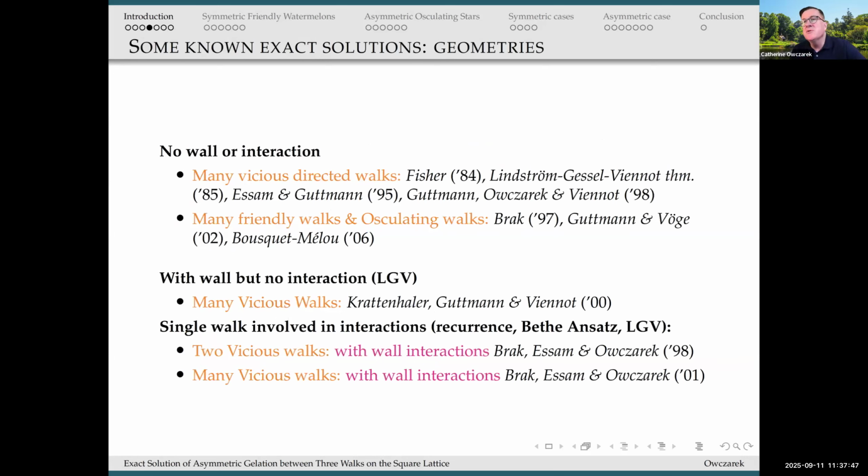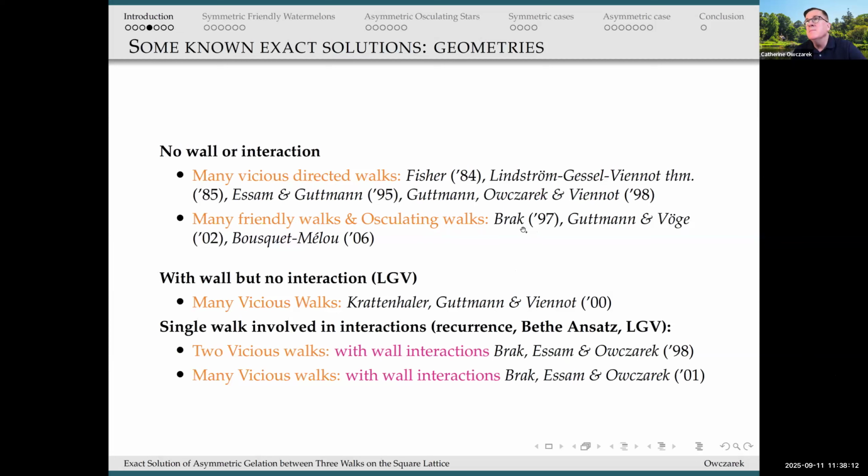So here's a plotted history of some of the work that's been done previously, where there are many vicious directed walkers. As I said, it goes back to Michael Fisher and the Lindström-Gessel-Viennot theorem, which is around the same time, in '85, and various other works. Friendly walkers and oscillating walkers came a bit later.